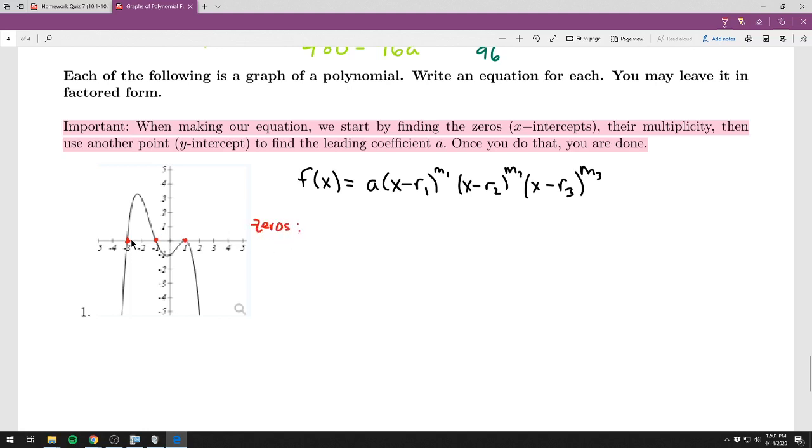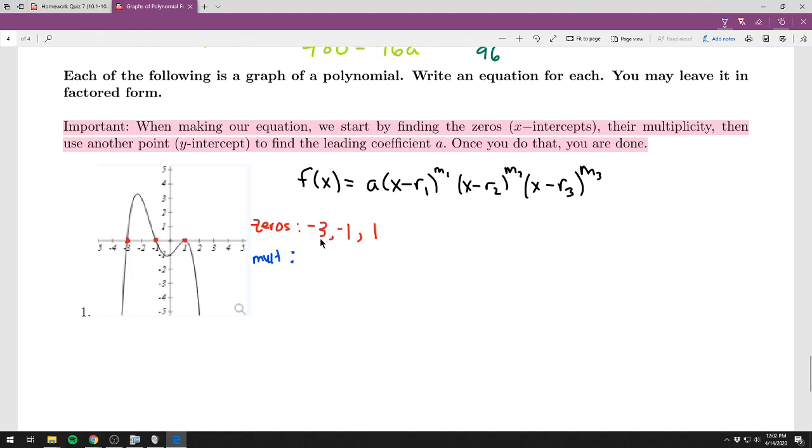All right, you'll notice the numbers here. Hopefully it's not too blurry, but the number is -3 for the one on the left. It is -1 for the 0 in the middle, and it is 1 for the 0 on the right. And their multiplicities, the only thing you can really tell is if it's even or odd.